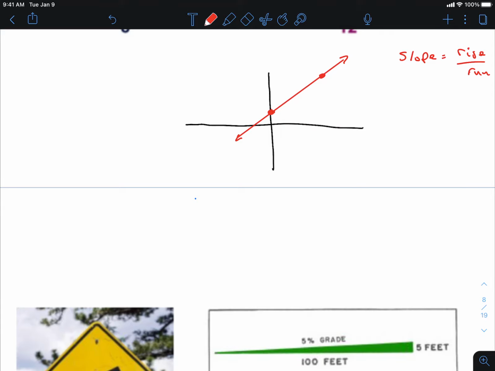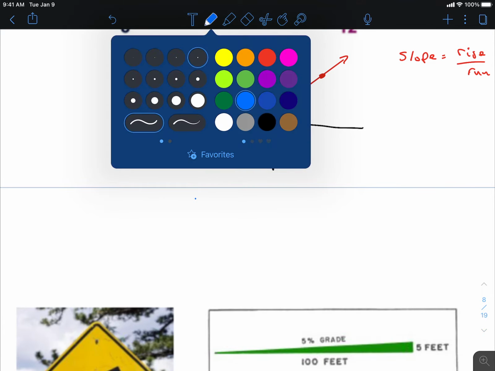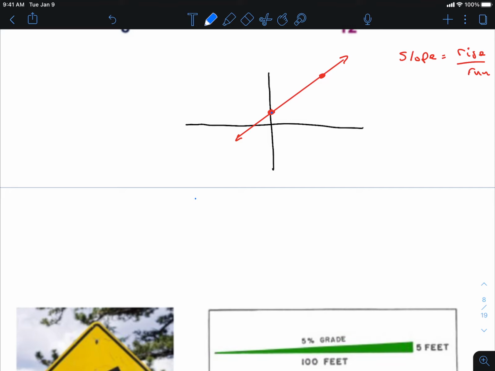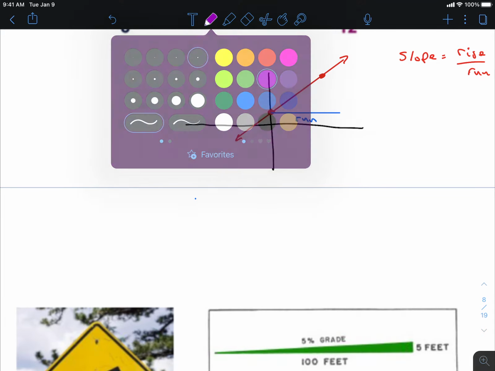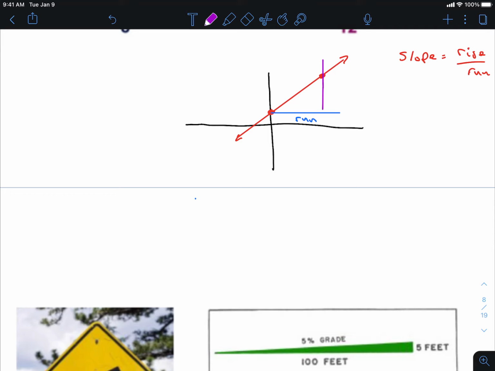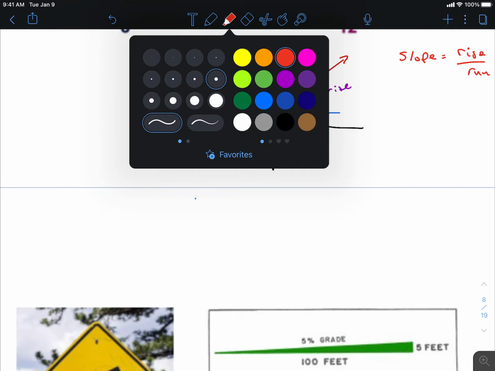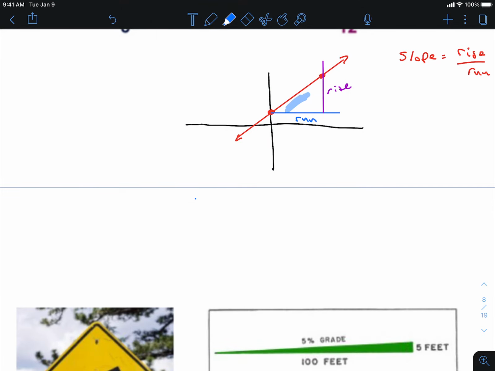Okay, well, you tell me what shape I'm about to create. Here's our run, right? Here's our rise. What do we get here? What shape is this?